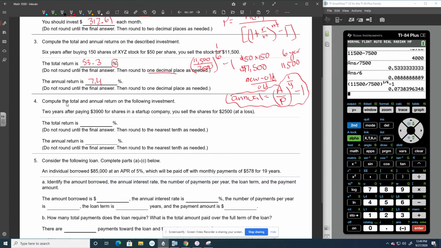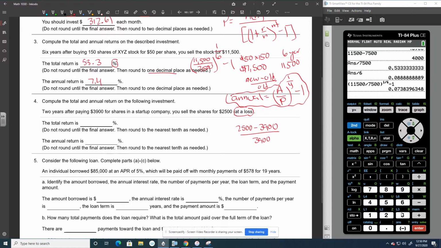So number 4, same idea. What's your total return and annual? This one, though, we're actually losing money. So we can expect some negatives here, but we go through the same process. To find the total return, we take our new amount, which is 2,500, and we minus our old amount, the 3,900, and then we're going to divide by our old 3,900.